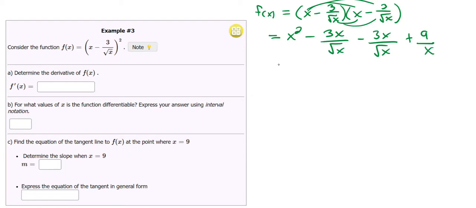Okay, now let's collect our like terms here, because you can actually think of the x over square root of x part as the like term. So we've really got negative 3 minus 3. This is the same thing as minus 6x over square root of x, and then plus 9 over x.